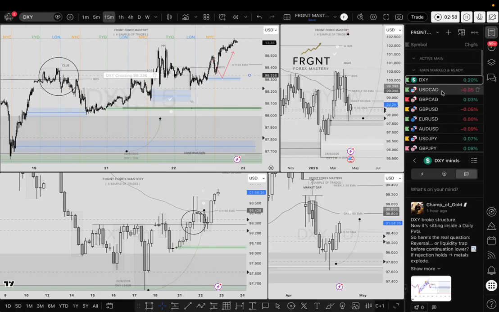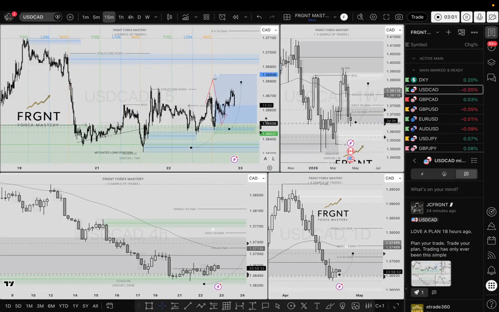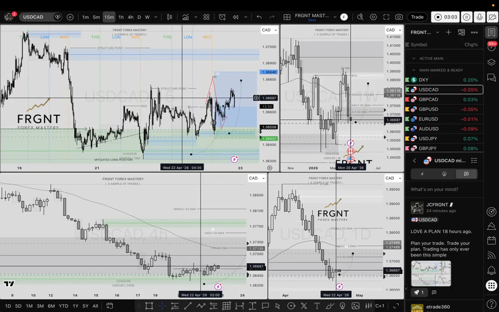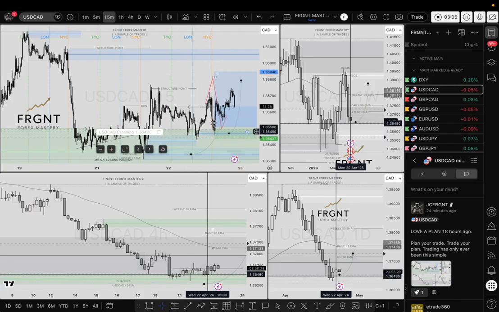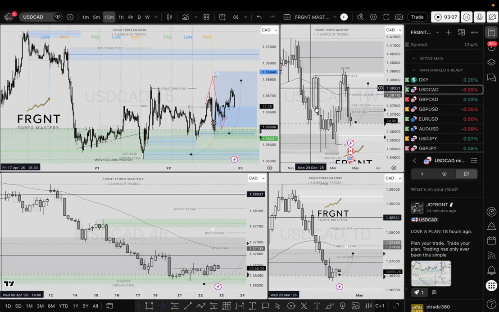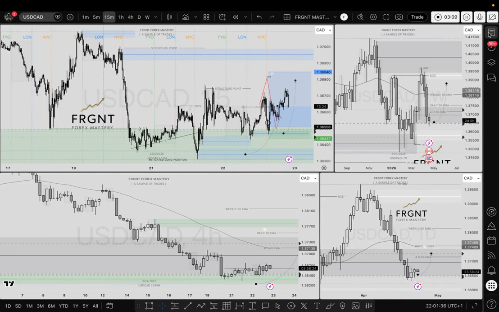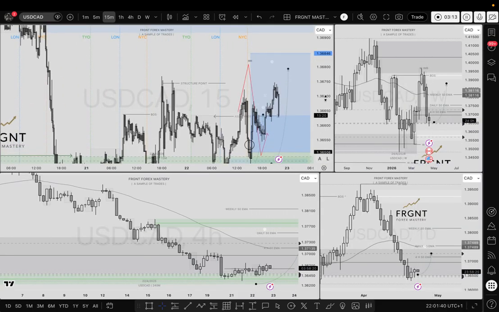So US dollar CAD, initially to start the morning, I was looking at actually taking an Asia range long. I've finalized the chart for you to have a better understanding of that. I won't go into the dynamics of the Asia range.